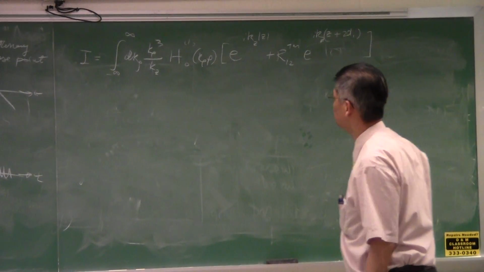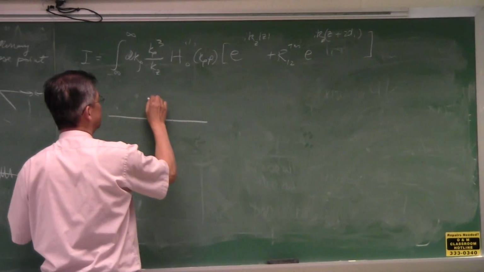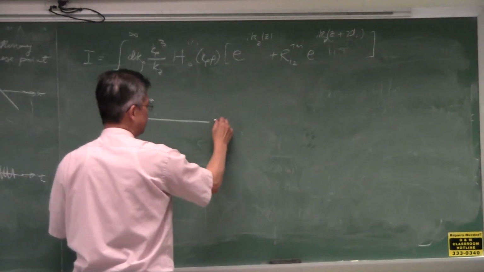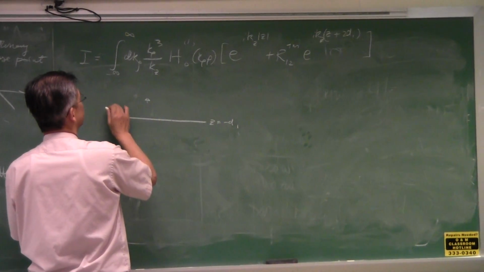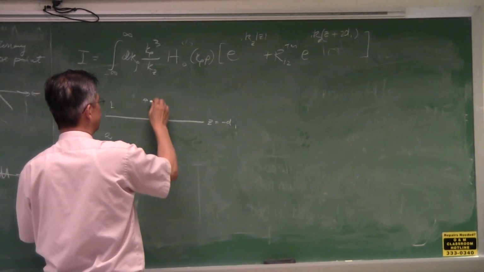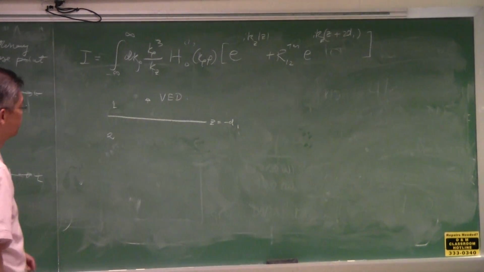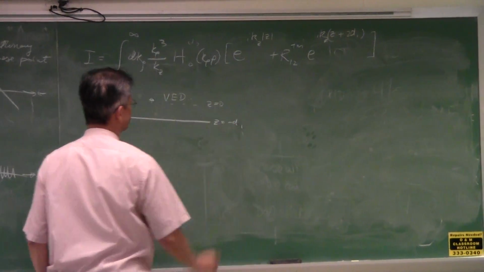This is for the case of a point source, a vertical electric dipole located on a half space where z equals minus d1. And this might be region 1, and this might be region 2, and this is a vertical electric dipole. Okay, and this point is at z equal to 0.